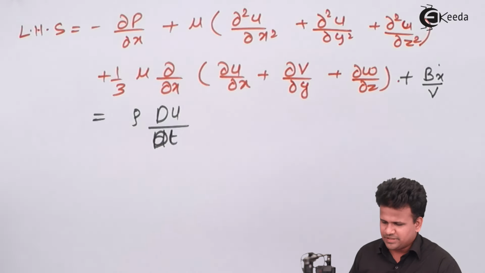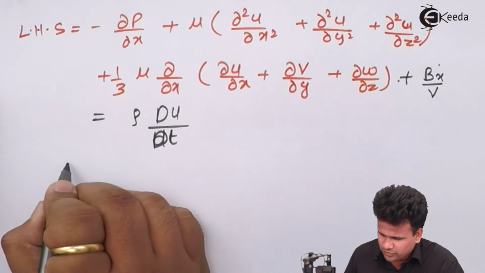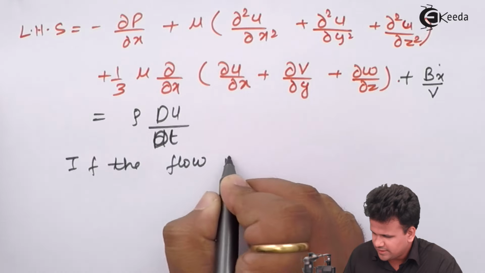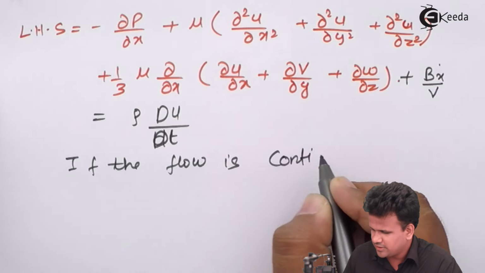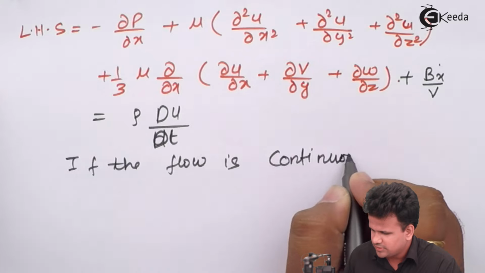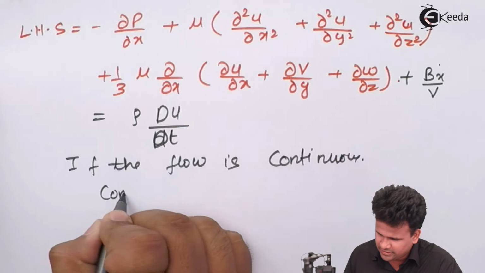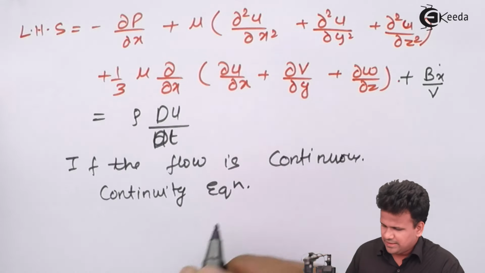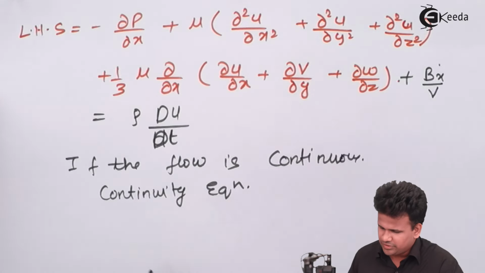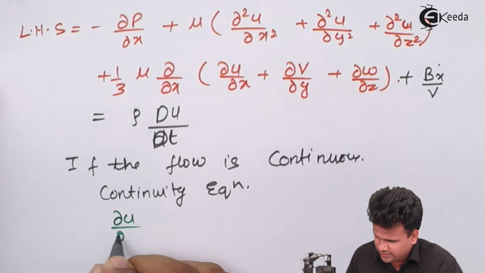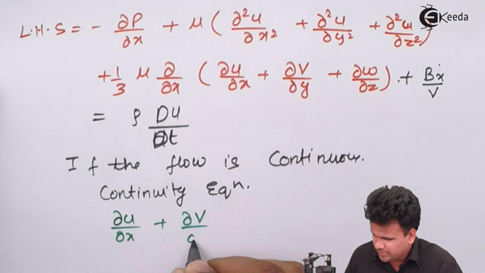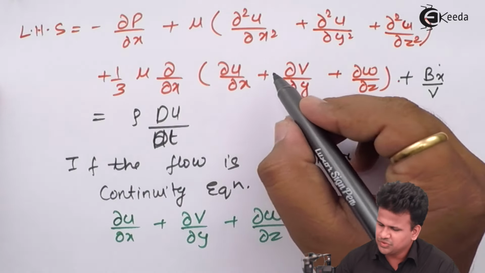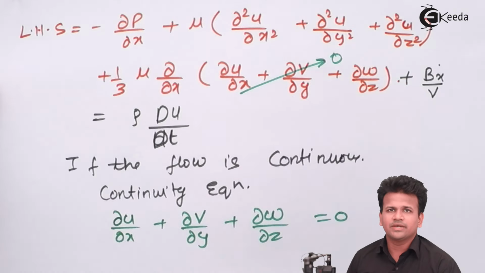So now if the flow is continuous, that means it follows continuity equation. It satisfies continuity equation, then dou u by dou x plus dou v by dou y plus dou w by dou z will be equals to 0. This means this term will tend to 0.